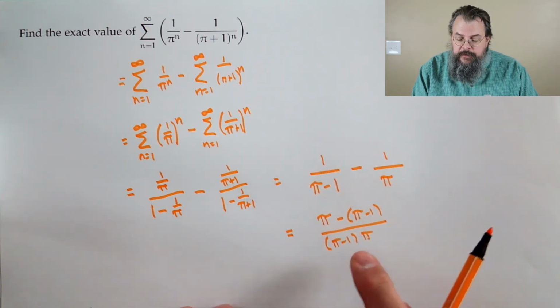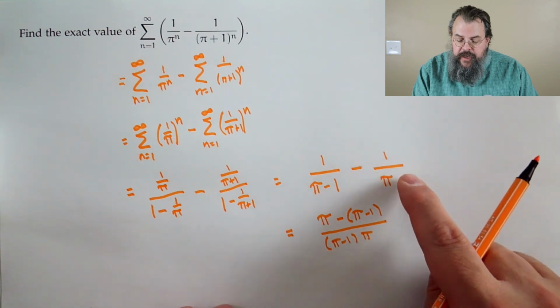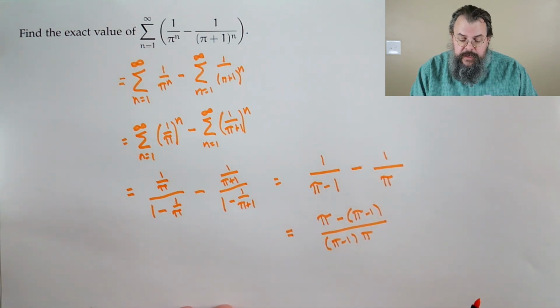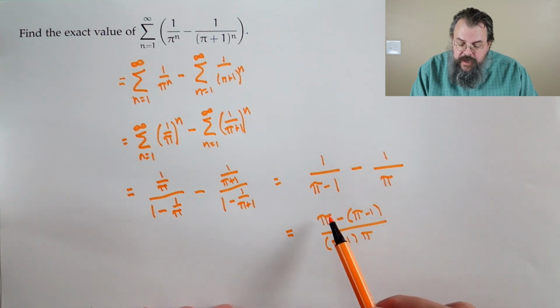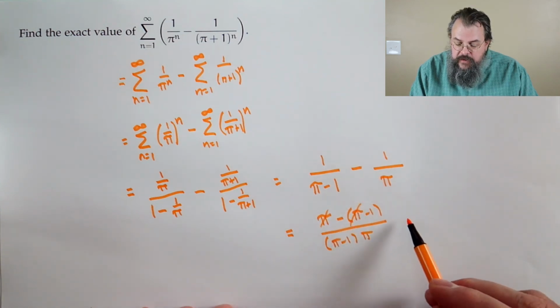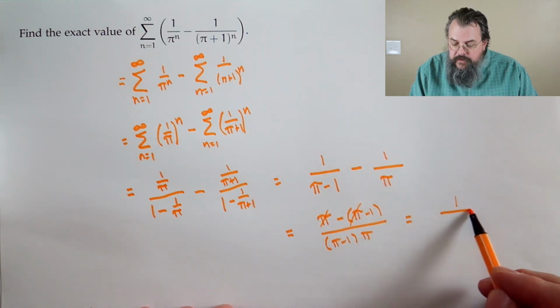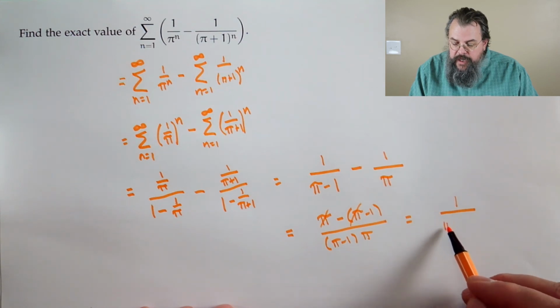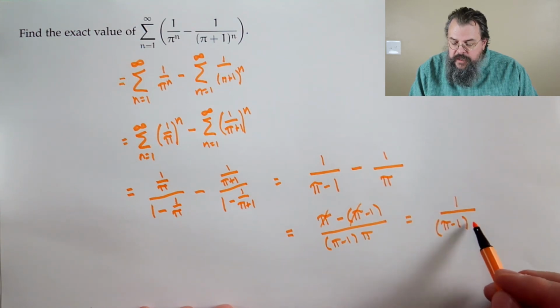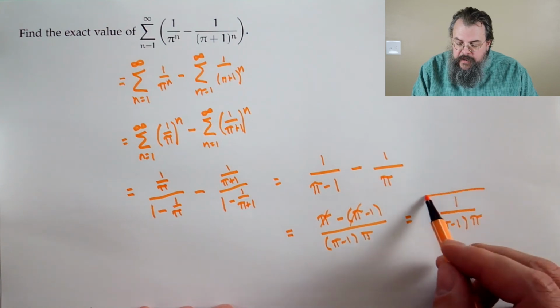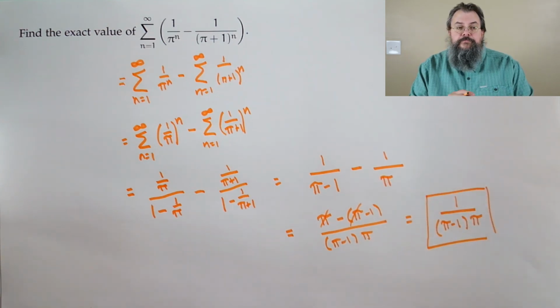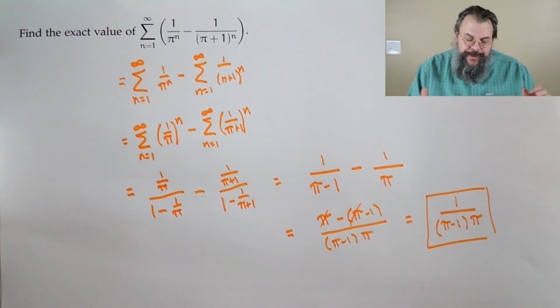That's where that pi came from. The second term by pi minus 1 over pi minus 1. That's the second term there. And now we say, wow, the pi's cancel. So we end up with 1 divided by pi minus 1 times pi. And we're done.